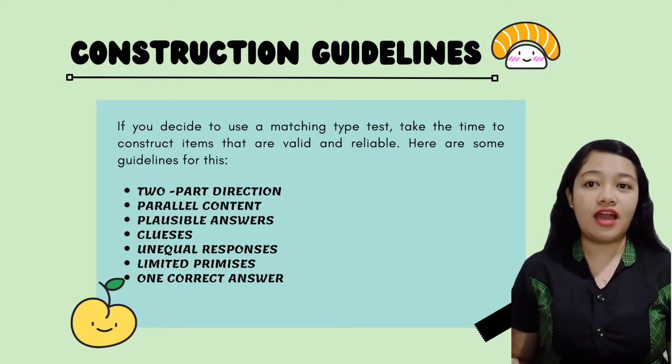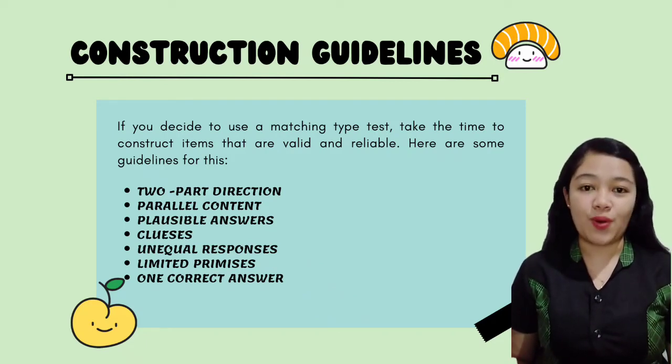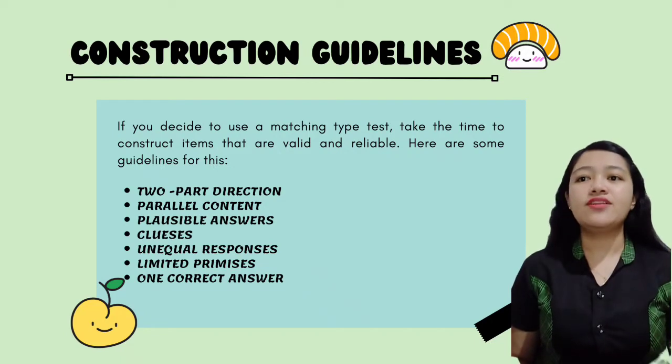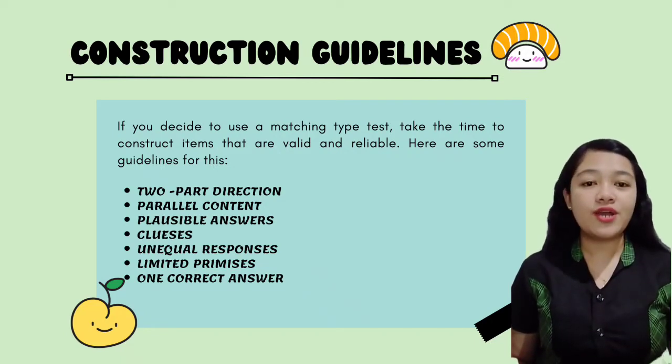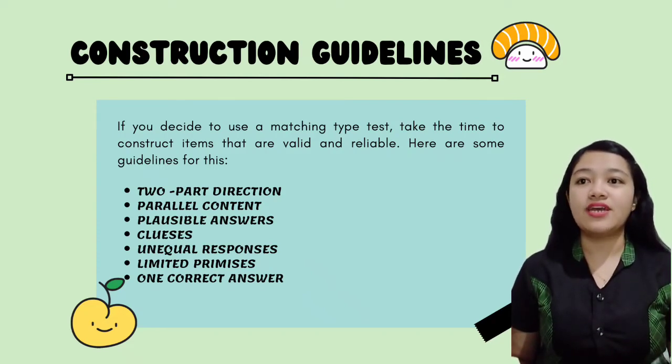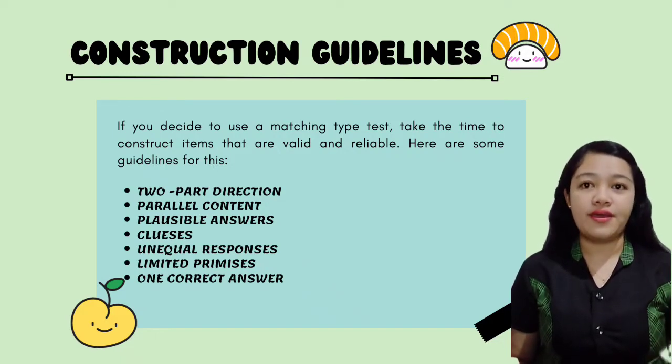A number that I've come across is to keep the list to 6 items. Even less might be better, depending on the characteristics of your audience. And number 7, one correct answer. Every premise should have only one correct response. Obvious, but triple check to make sure each response can only work for one premise.